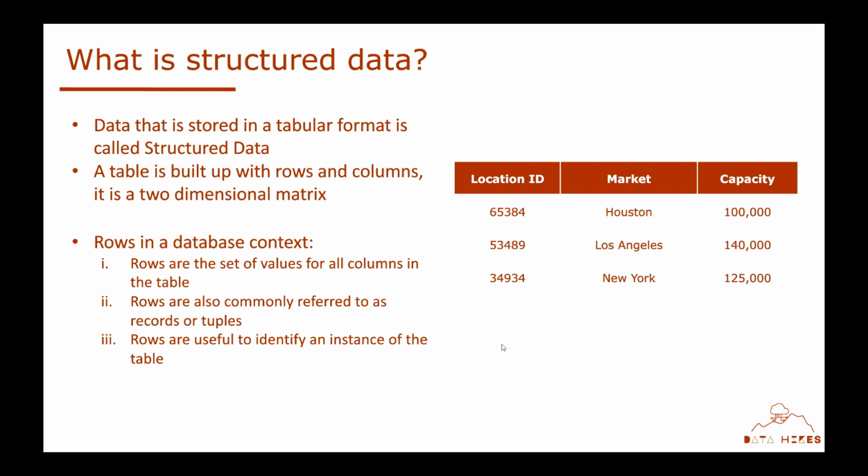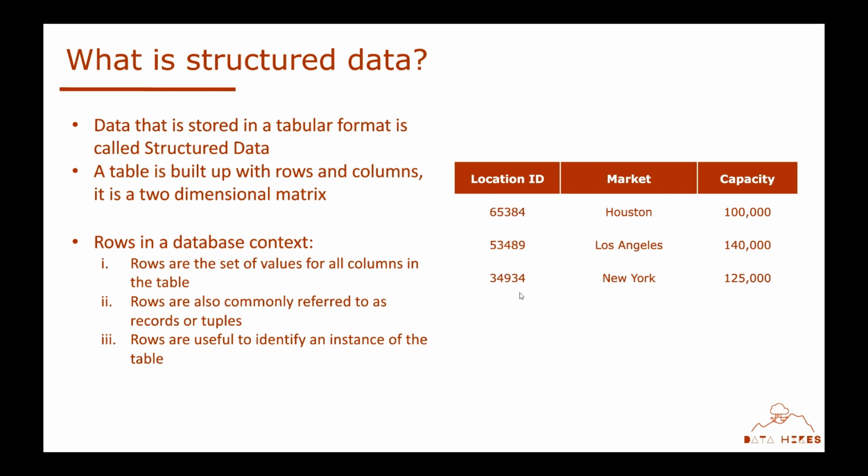What does that really mean? It means this table holds a lot of information about various locations in this case. Now, what is an instance? There are three instances, or three rows, in this table. We can say, tell me more about this instance of the table.